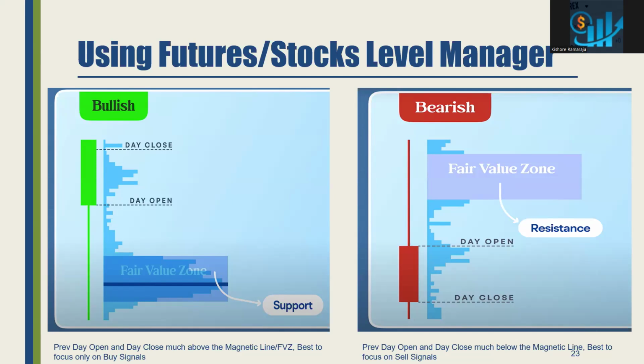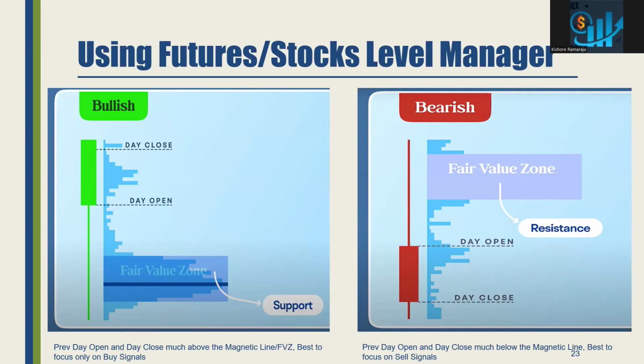Generally, there is a level called a magnetic level or a high volume level, which is also called a fair value zone. That helps us determine the overall trend, the overall direction of that instrument. Generally, if the price is above that magnetic level or fair value zone, the price is bullish.